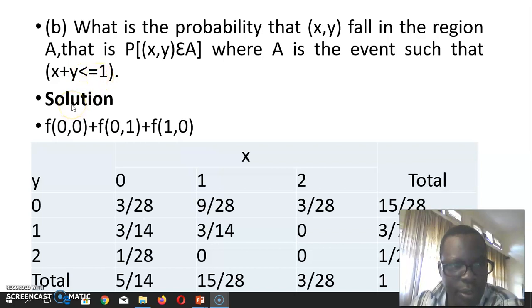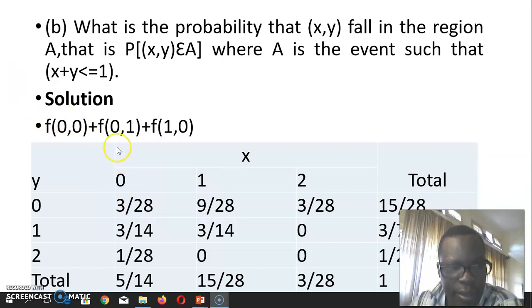So the possible ways that this condition is true is when X is 0 and Y is 0, or X is 0 and Y is 1, or X is 1 and Y is 0. So you can see that when X is 0 and Y is 0, we shall have 3 over 28 as the joint probability.